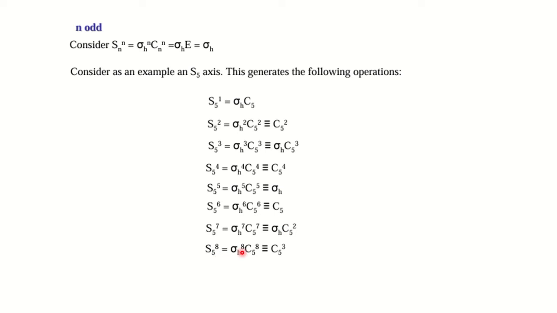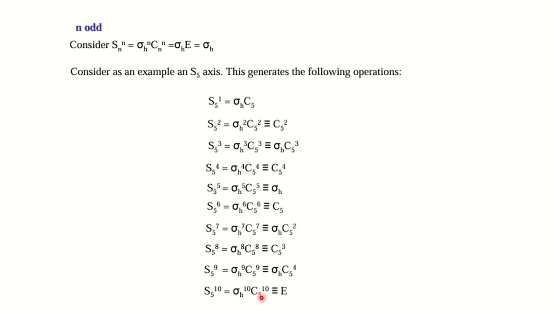Similarly, you can do it for S5^8, and sigma h^8 is even, identity. C5^8 you can write as C5^5, which is identity, into C5^3. So you end up with C5^3. S5^9, 9 is an odd number, so sigma h, and here again you end up with C5^4. C5^5 is identity, and you cannot reduce it further.